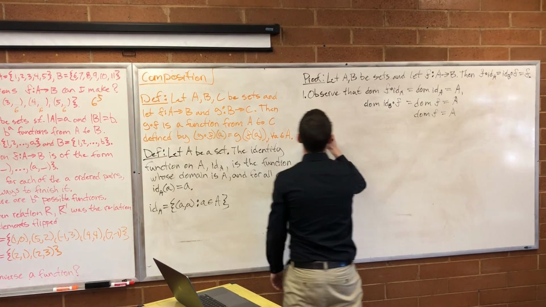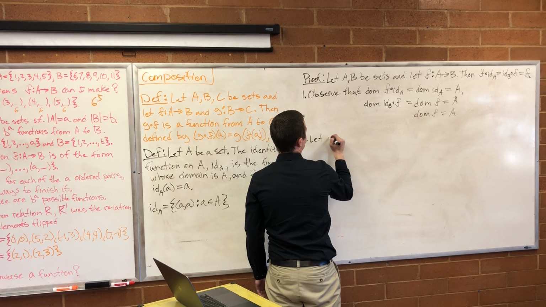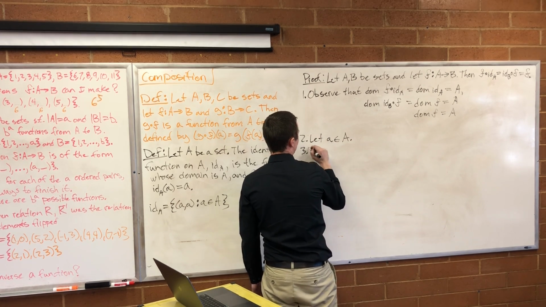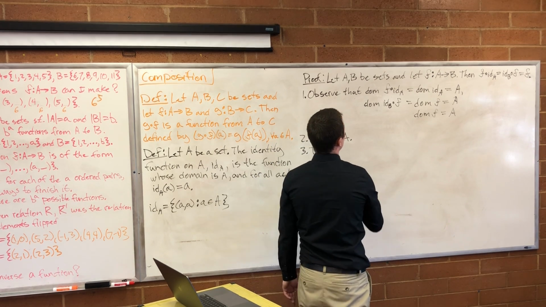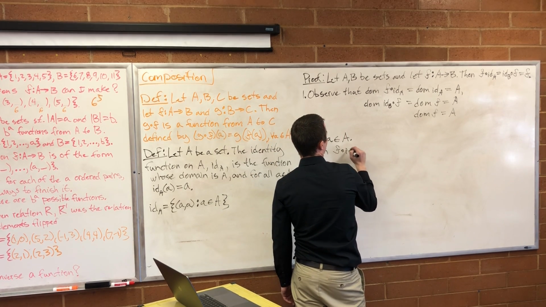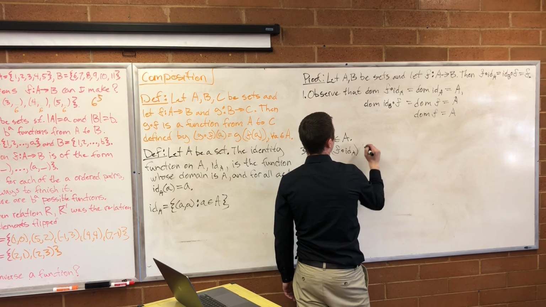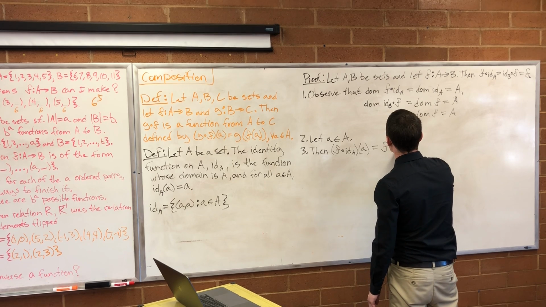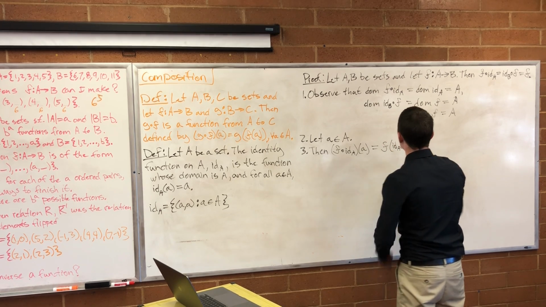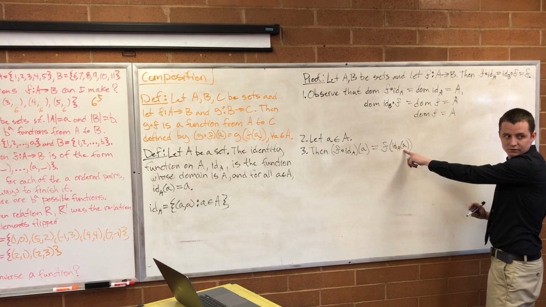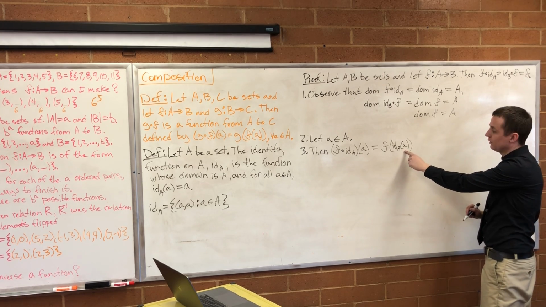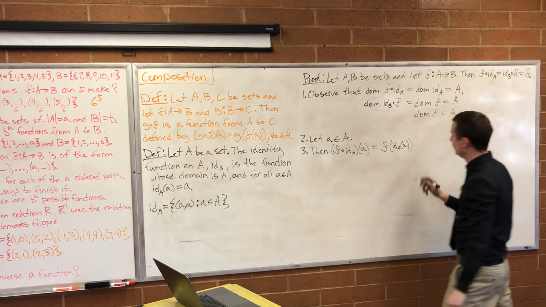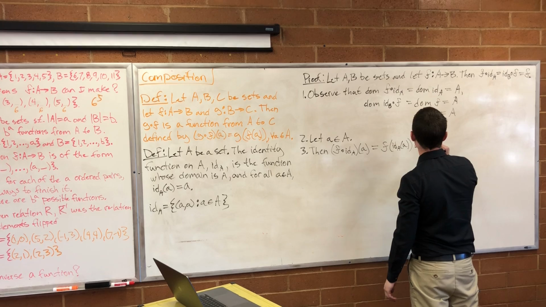Okay. So now, let little a be something in our domain. Then, let's see. What is F composed with the identity on A of little a? Well, that's equal to F of the identity on A of a. What is the identity on A of a? It's just a. The identity function maps a to a. So this is just the same thing as F of a.